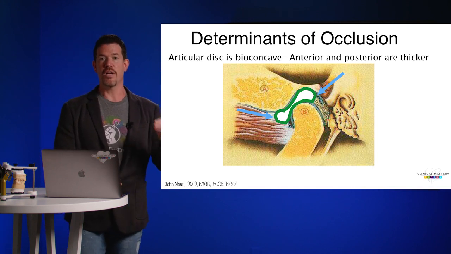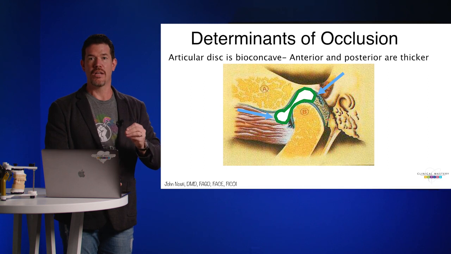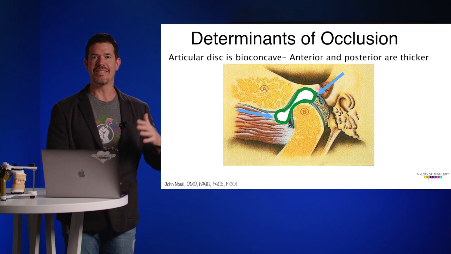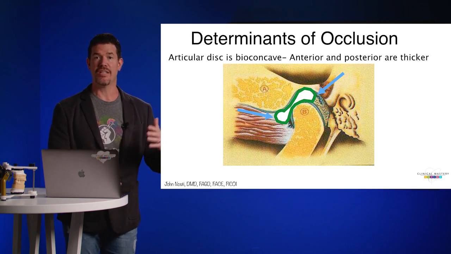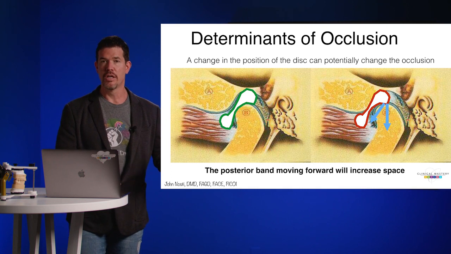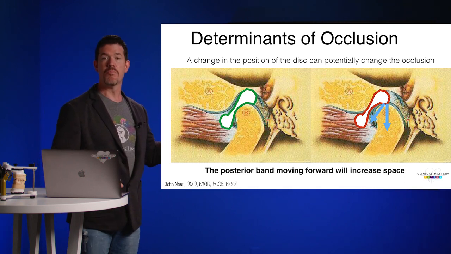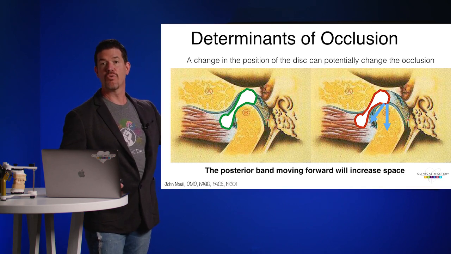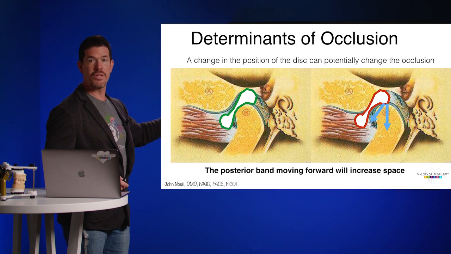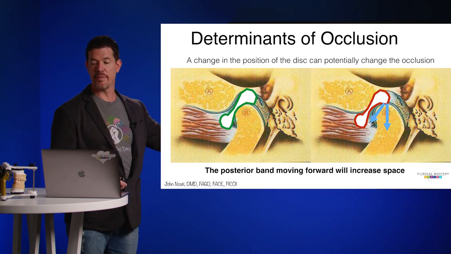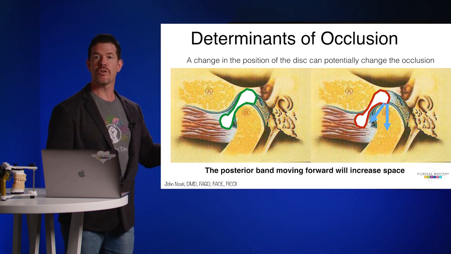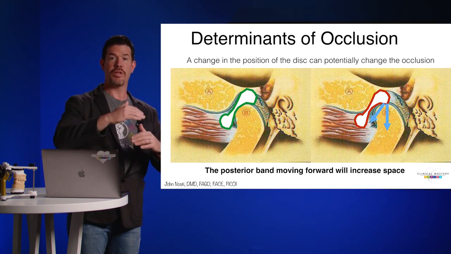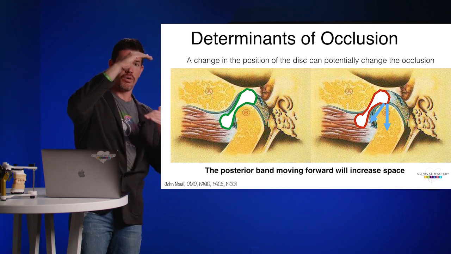But if we understand why the TMJ is the first determinant of occlusion, it's because once the disc is out of position, this can affect our patient's occlusion. So if the posterior band moves forward, like we see on the slide here, now in red, so if the disc goes from a green to a red position, we can see that posterior band, which is thicker than the meniscus, is going to increase space between the bone of the jaw and the bone of the skull.